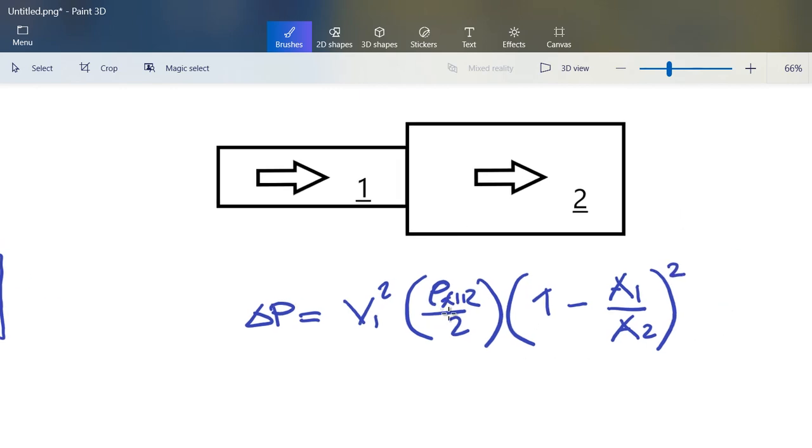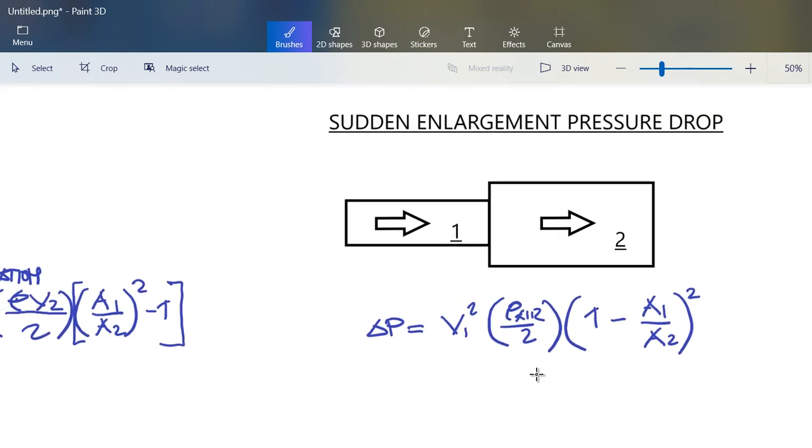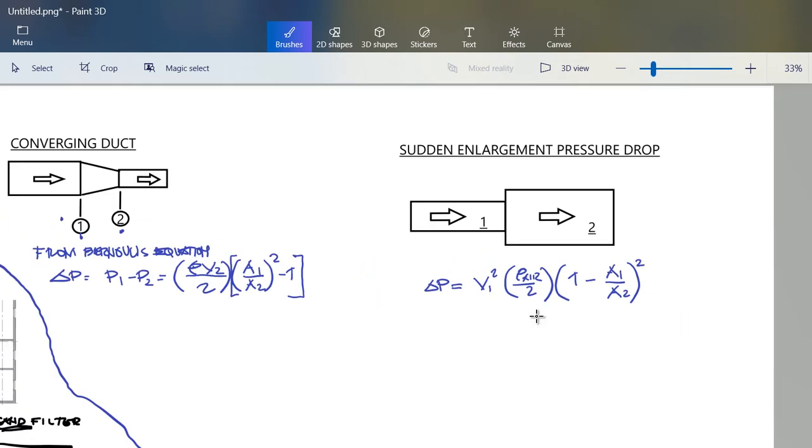So this is common: we have the velocity and the density of air. So we now have the equation for the sudden enlargement pressure drop.